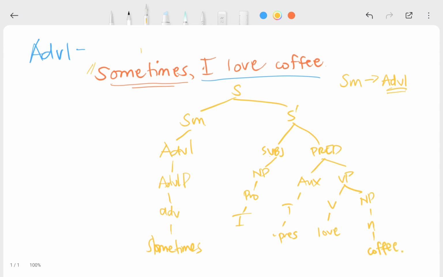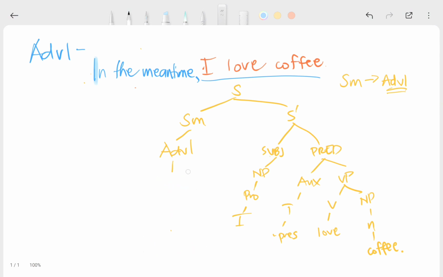Okay, so if ever you encounter adverbials in the beginning of the sentence, this is also applicable. For example, let's change this. What if in the meantime, let's say, in the meantime, I love coffee. Okay, so what if this is the sentence? Here it's still sentence modifier and adverbial, but it's no longer adverbial phrase.